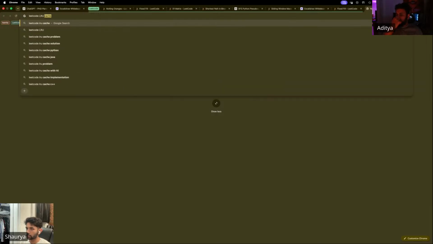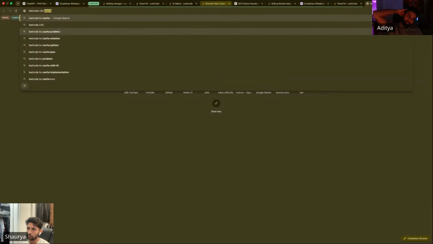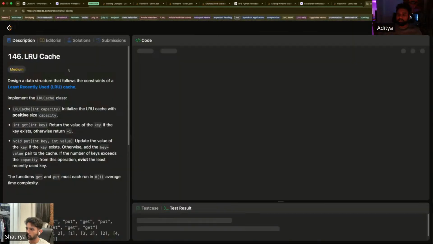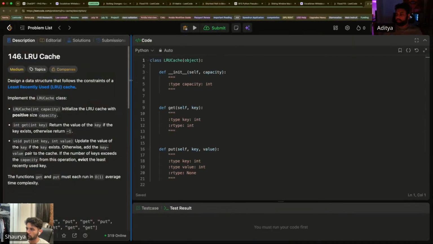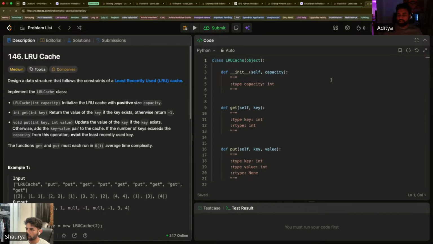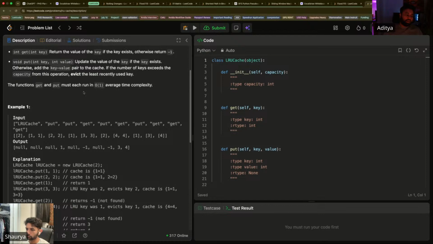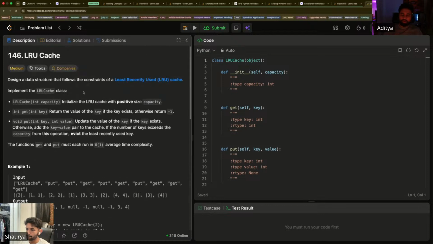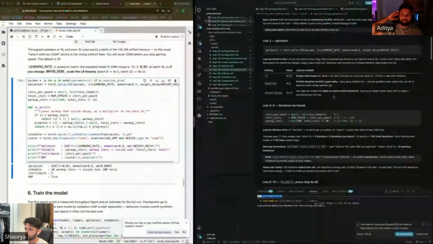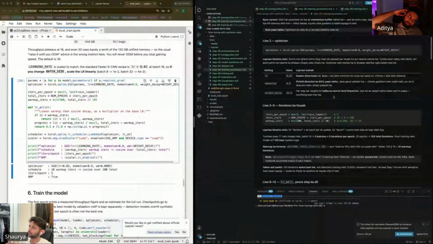Have you solved this one? Yeah, I think I have. Least recently used. This was the one, dude. We have not done it in code, but we have this concept in our database. So this is what we're going to do today, and that question. All right, synthetic data. We need to finish this today, anyhow.